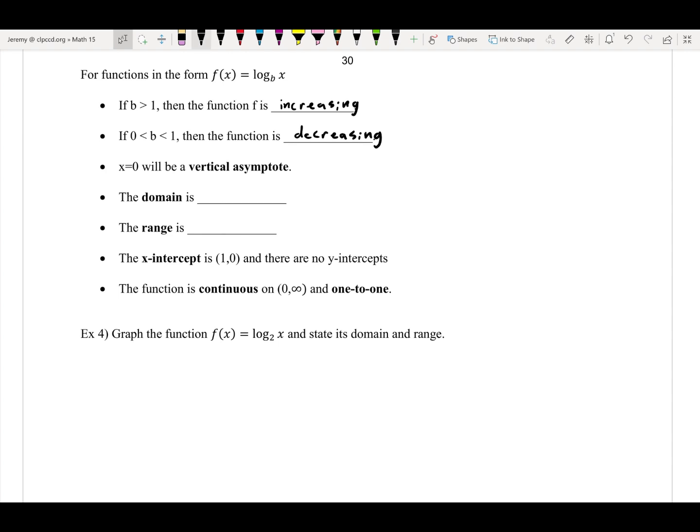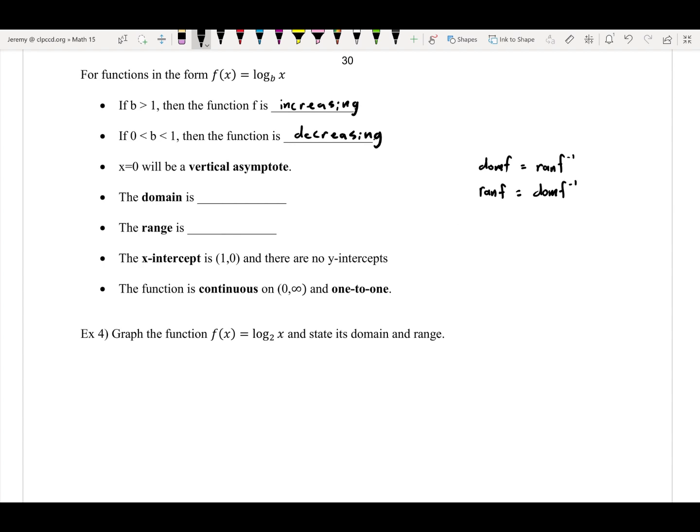How about domain and range? So a property that you should recall from your college algebra class is that the domain of a function f is equal to the range of its inverse. And the range of a function f is equal to the domain of its inverse.